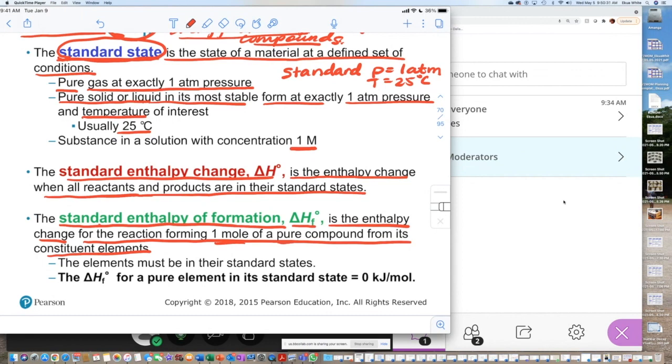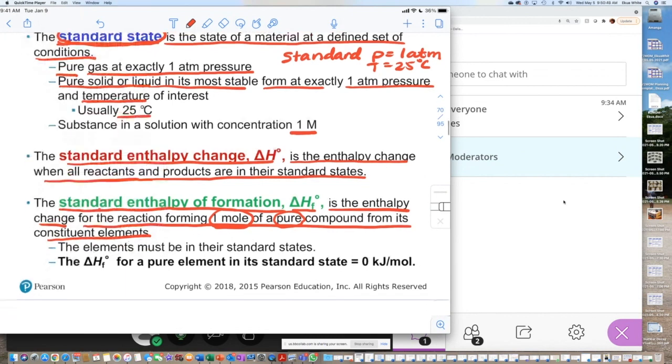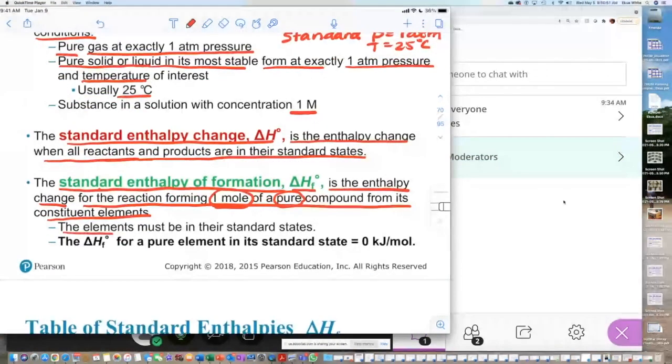Not just any compound, it's got to be a pure compound because the reactants are pure, right? They're pure and they're from their standard states. Okay, once we use pure reactants from their standard states, we're going to be making this amount is specific. It has to be 1 mole of pure compound. Okay, and so we're told the elements must be in their standard states. Of course, they're going to be pure.